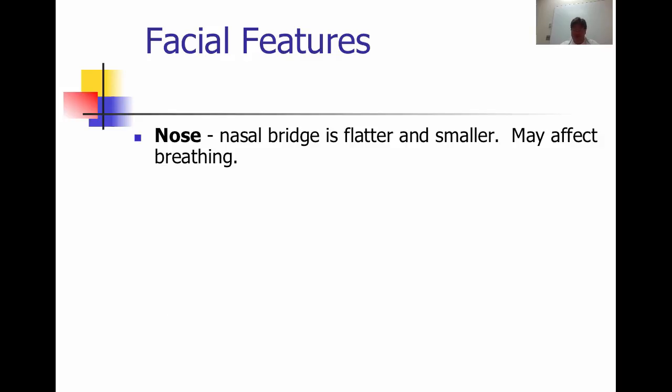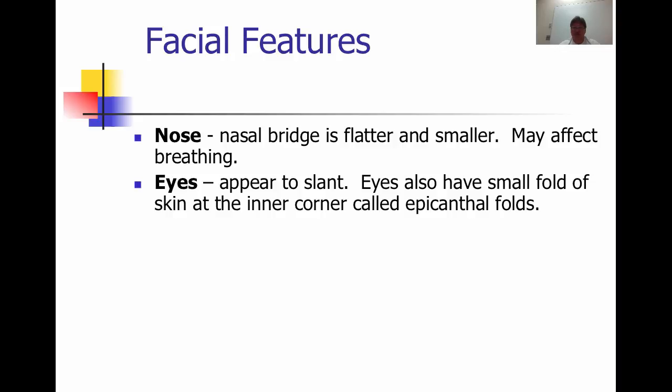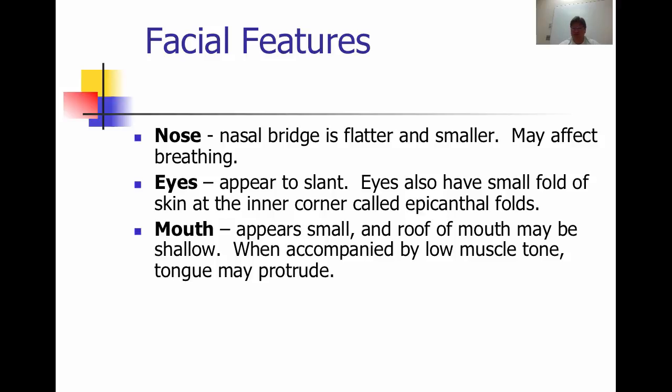In terms of facial features, I'm sure you've all seen someone with Down syndrome before, so you can picture this as I'm describing it. The nasal bridge is flatter and smaller, which can affect breathing. The eyes appear to slant and have small folds of skin in the inner corners. The mouth appears small and the roof of the mouth may be shallow.